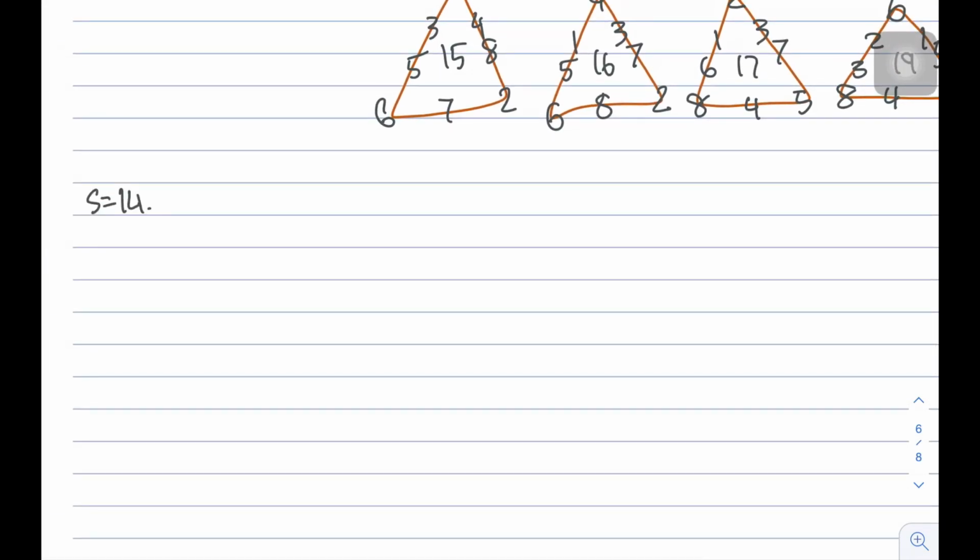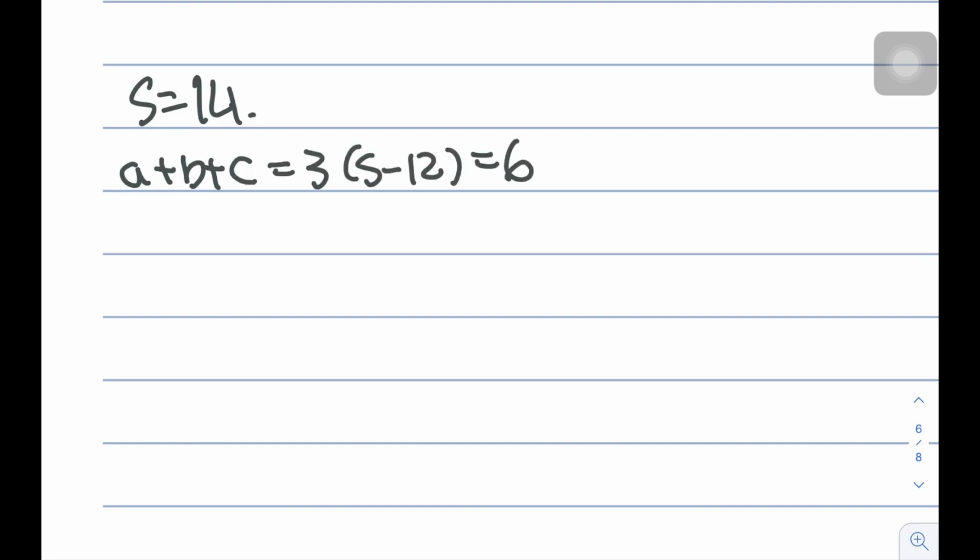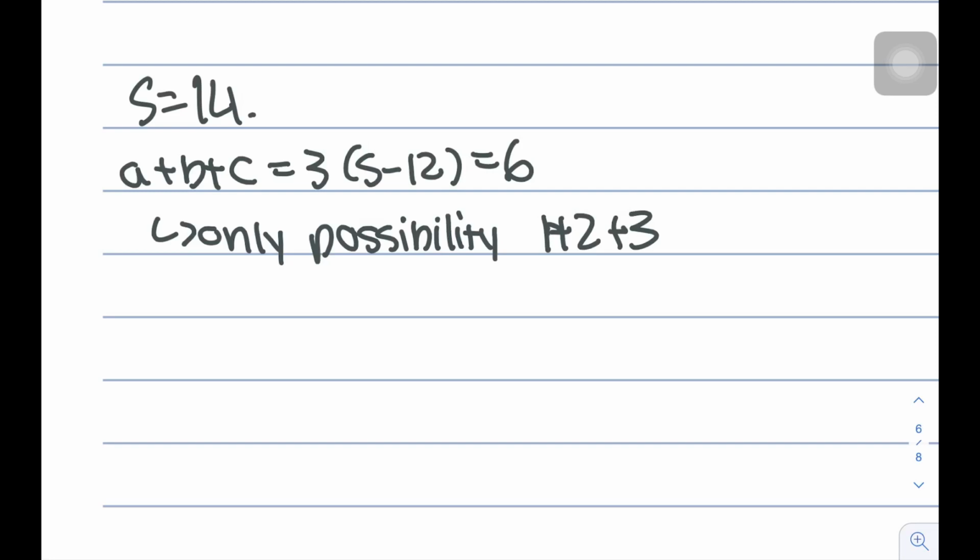So we're going to take S equals 14 out and really analyze this. When S equals 14, A plus B plus C equals 3S minus 12, which equals 6. So the only possibility for this to work is if A plus B plus C is 1 plus 2 plus 3.